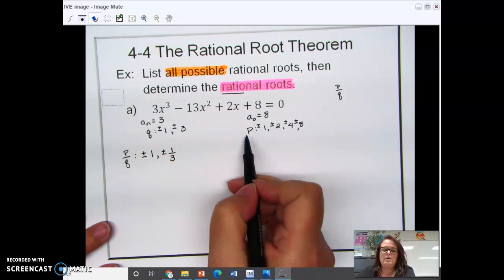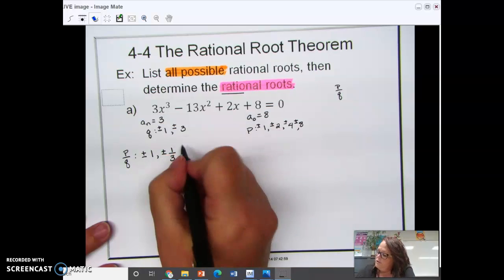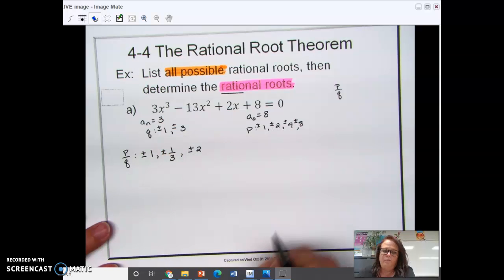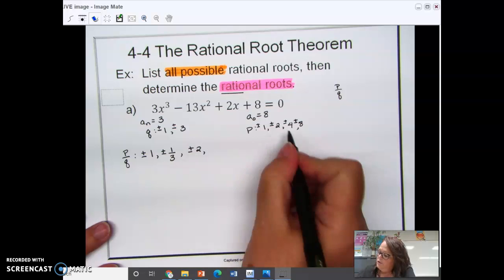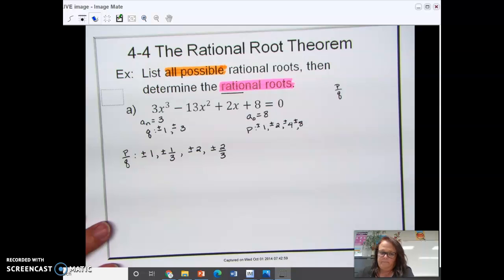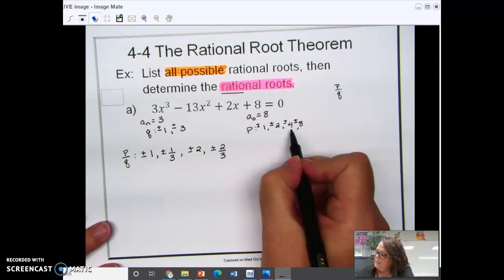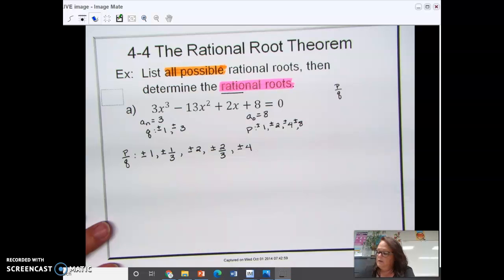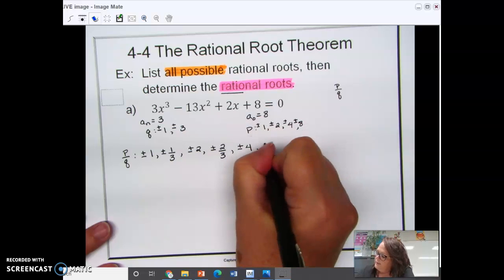Remember, the p has to be on top. Then I can move over to the 2. So the 2 could dance with the 1, and 2 over 1 is just 2. Or the 2 could dance with the 3. Then my next opportunity is 4, so I could have 4 over 1, which is 4, or I could have 4 over 3.